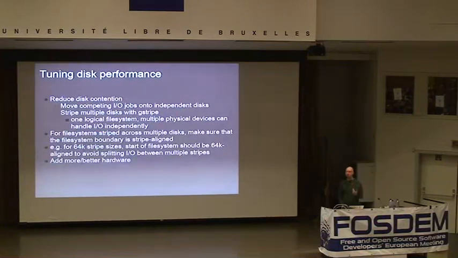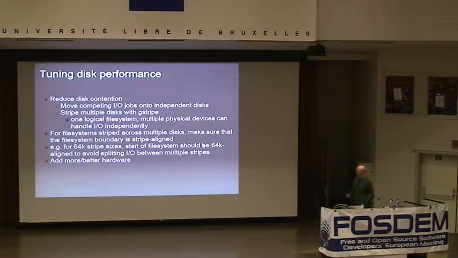If you have two processes that are each doing I/O to the same disk, either move them onto independent disks, or if you can't restructure the application to use separate file system paths, you can look at striping multiple disks with something like gstripe, so that you provide one logical file system to the applications, but they're actually backed by multiple physical devices, and each of those can handle the I/O independently if things work out nicely.